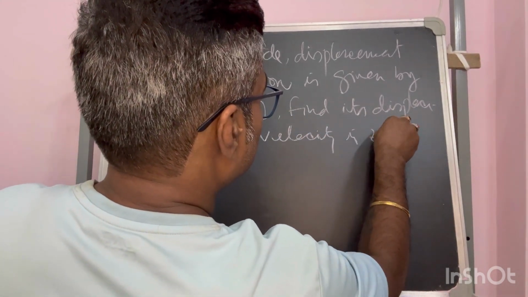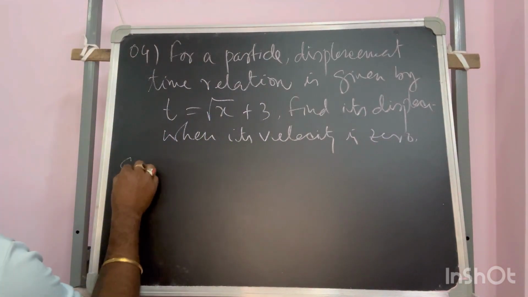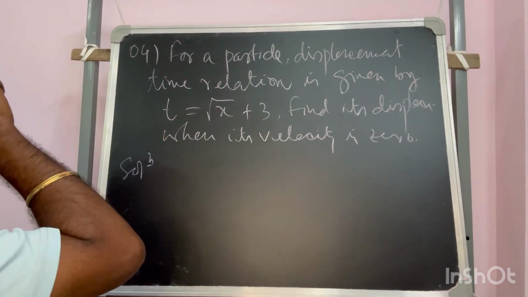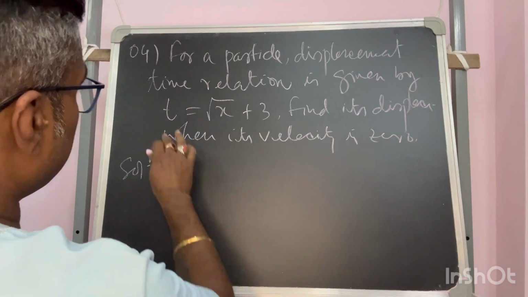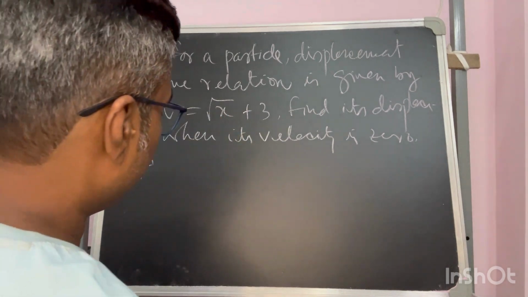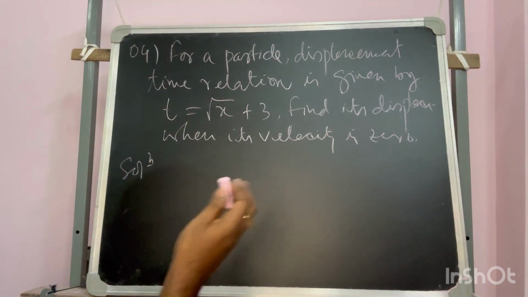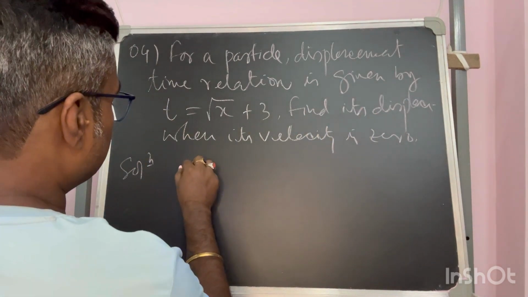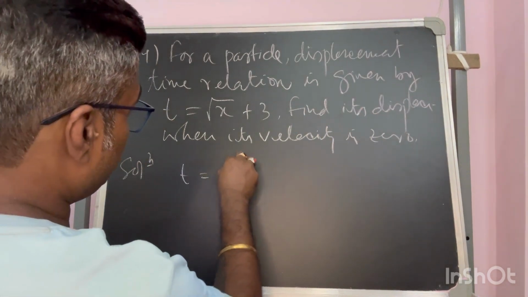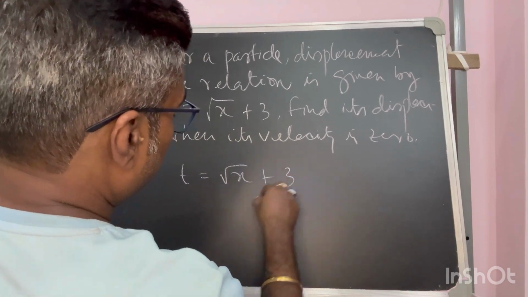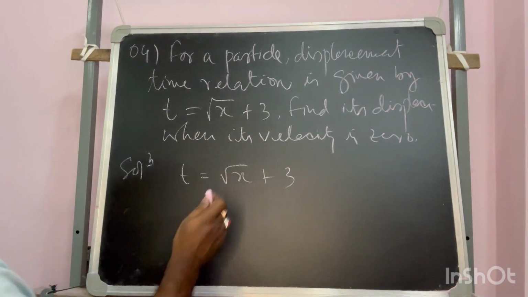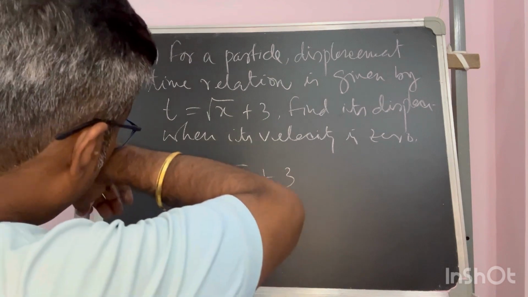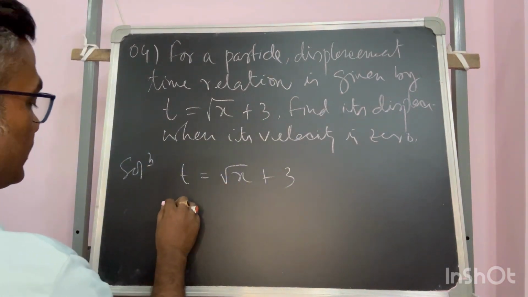Now, prior to that, because it is given in the reverse way, that means t is a function of x, but I know the velocity has to be dx by dt. So that function has to be converted in such a way that x is of order 1. Here x is of order half.